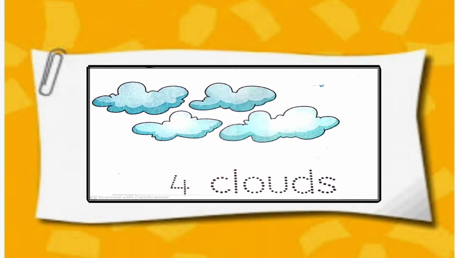So, first we identify that this is the image of cloud. Then we make counting that there are 4 clouds in this picture. So, below the image we have to write down 4 clouds.